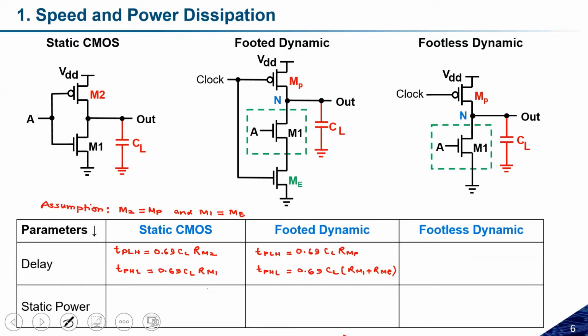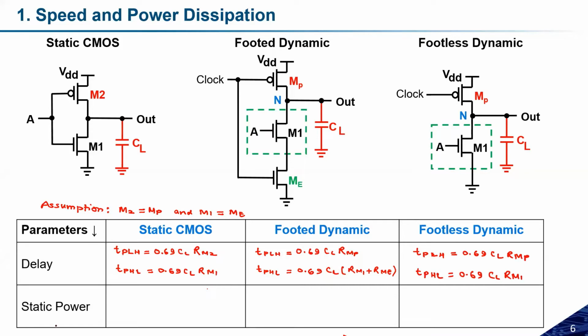Similarly, if we consider the footless one, in this case TPLH will be 0.69 CL into R MP, and TPHL will be 0.69 CL into R M1. So this is the comparison.